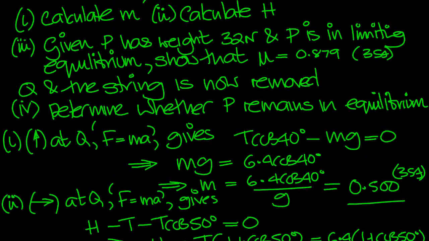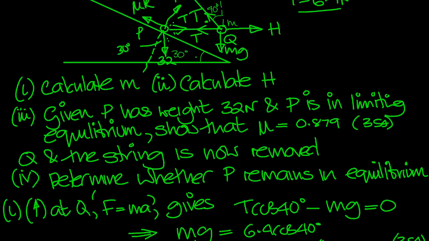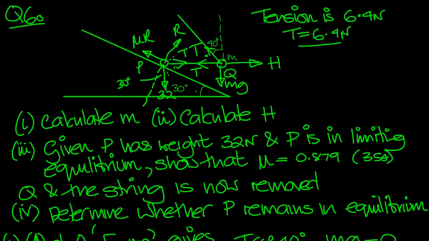Okay then, so part 4 now. Determine whether P remains in equilibrium. The string is now removed. Determine whether P remains in equilibrium. So let's have a look at this then. This will now be a force F here due to friction. We've got this tension and this component here.